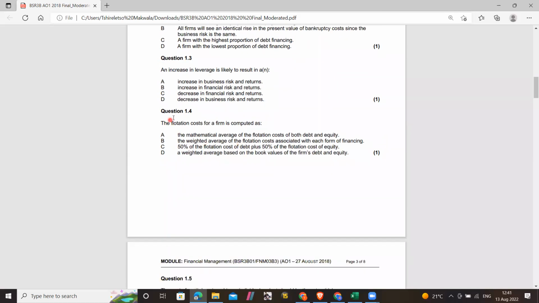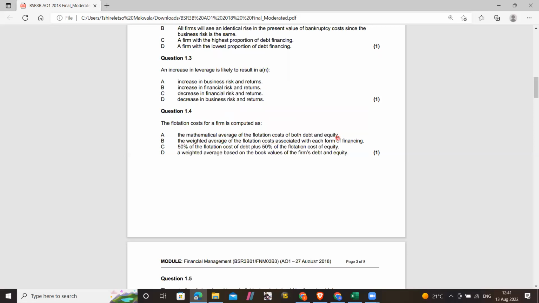So that's 1.3. And then 1.4, it says flotation costs for a firm is computed as, right? Flotation cost for a firm is computed as the mathematical average of flotation cost of both debt and equity, or the weighted average of flotation cost associated with each source of financing. This one is the weighted average.